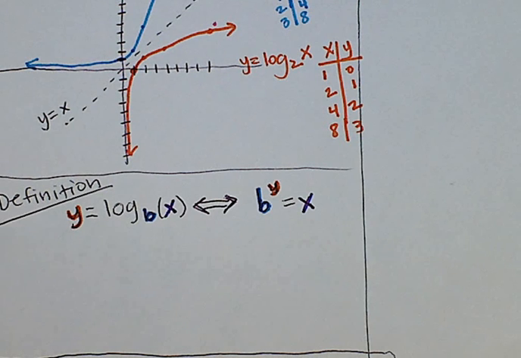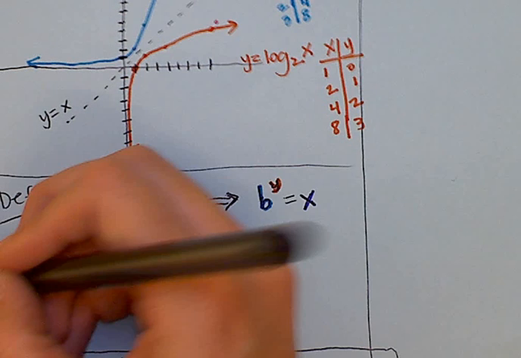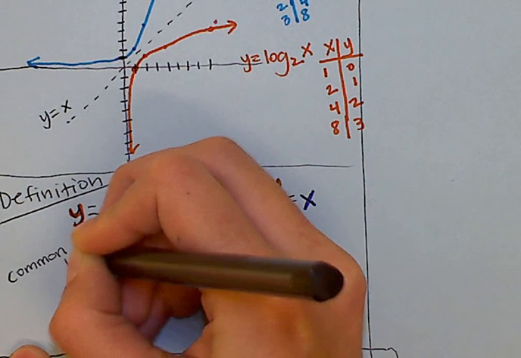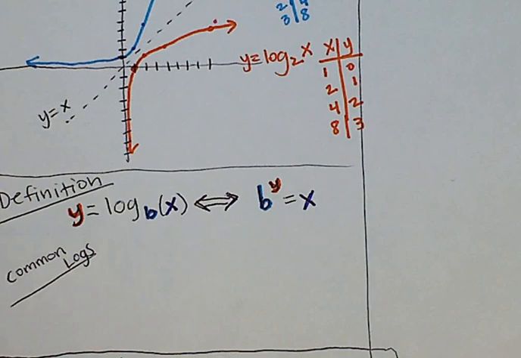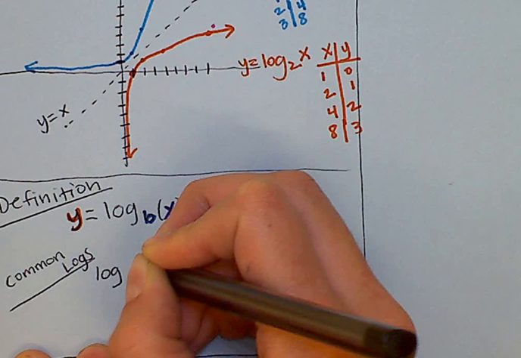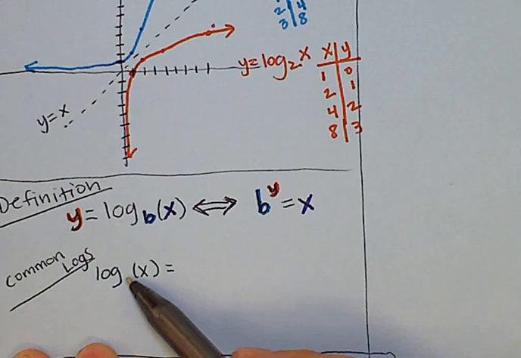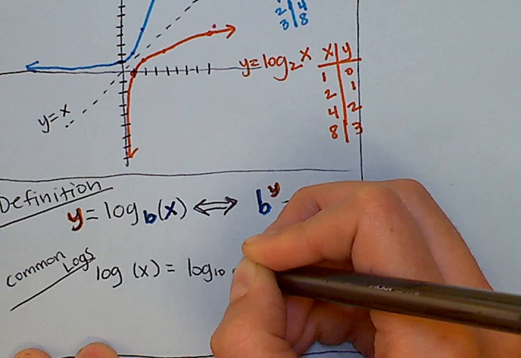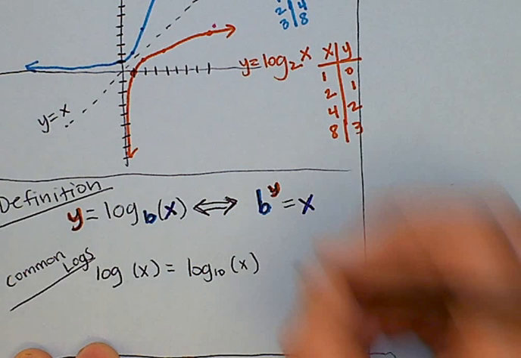And some common logs that you're going to see are log of x. We know that if there's no base explicitly written, then it's log base 10 of x. So this is base 10.